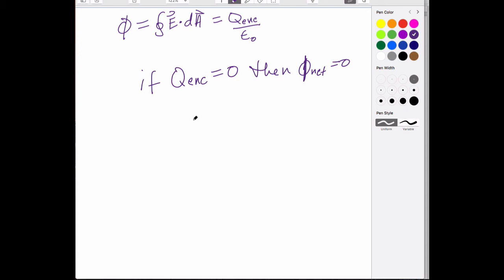If you can draw a shape around a particular area of space and there's no charge inside of it, then you know the flux is zero. Or if someone tells you that here's a shape and the net flux is zero, then you know for sure there's no charge inside of it. Okay, so in the next video, I'll actually try to use Gauss's law for a sphere, and then we'll do one for a cylinder and then a pillbox.